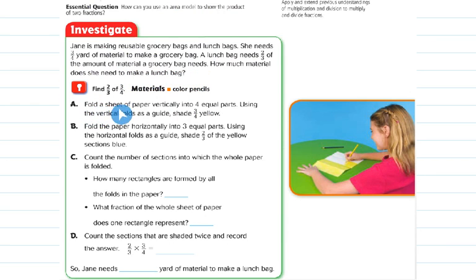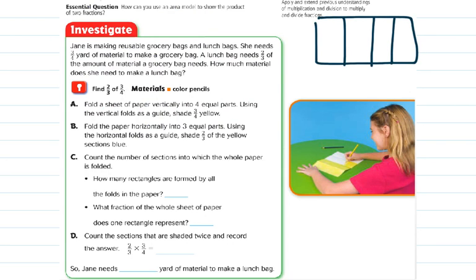So step A, you're going to fold a sheet of paper vertically into 4 equal parts, using the vertical folds as a guide. So boys and girls, as you take a piece of paper, just a regular piece of paper, we're going to shade it vertically into 4 equally sized sections. So we're going to get 4 sections.